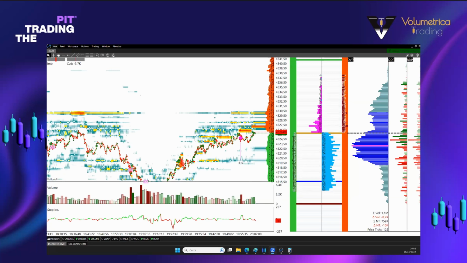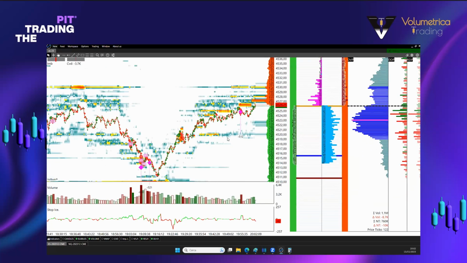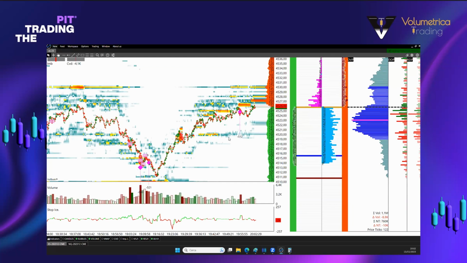Last week, we got started talking about the heat map. We introduced the heat map as a tool, so we basically started going through all of the main tools and the main features provided by the heat map as the most advanced tool in terms of order flow analysis.